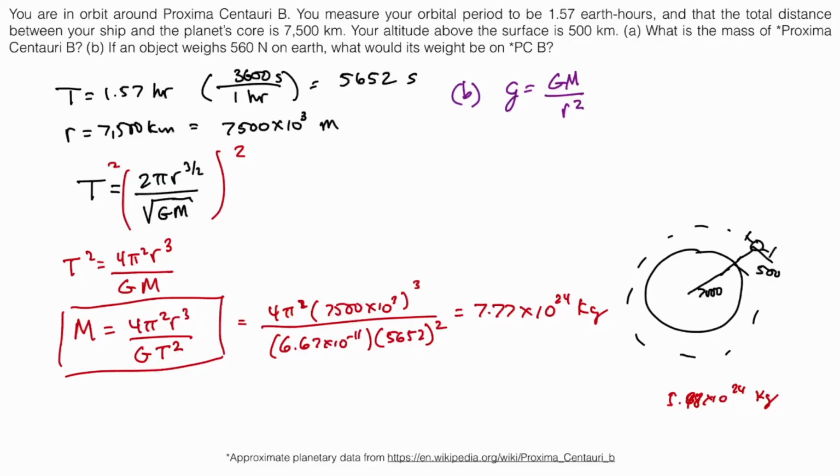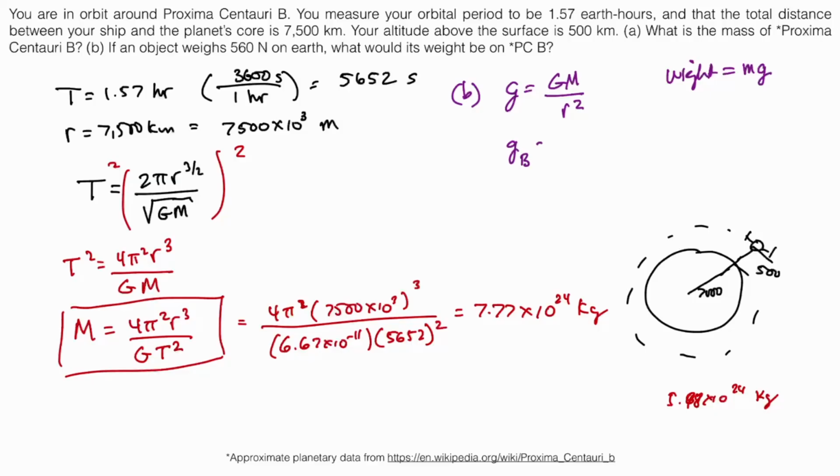So how are we going to find the weight of an object on the surface of Proxima Centauri b? Remember, weight is equal to m times g. If we can find little g for the surface of Proxima Centauri b, which we can now, because we've got big G, we've got the mass of the planet, and we know the distance from its center to the surface, we can find little g.